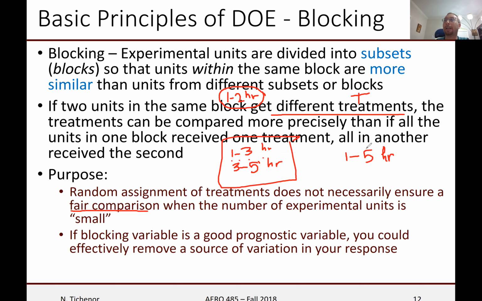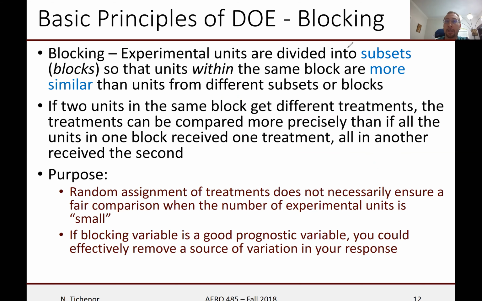If the data is not that sensitive to time, by going this way, I'm definitely doubling the cost, but the payoff is not going to be doubled. If the data is very sensitive to time, then that could be beneficial. In some cases, if it's very, very sensitive, then that's the way to go. Otherwise, you'll have so much variation that the data becomes meaningless. There's no trend that can be extracted from it.